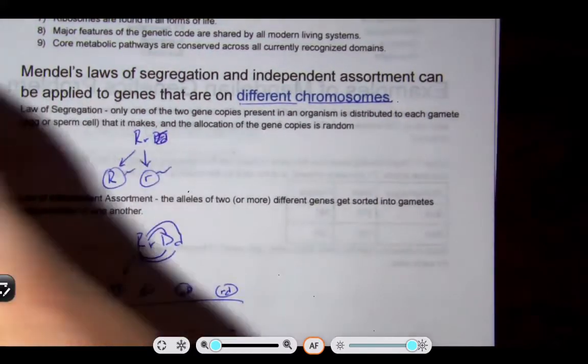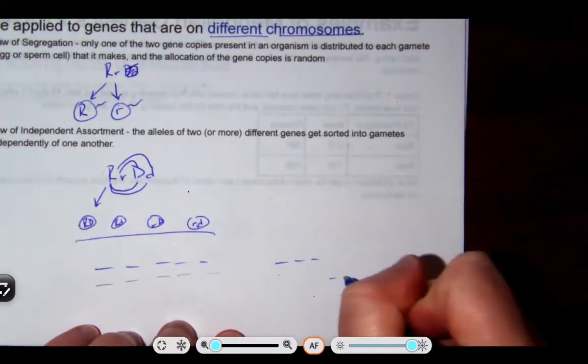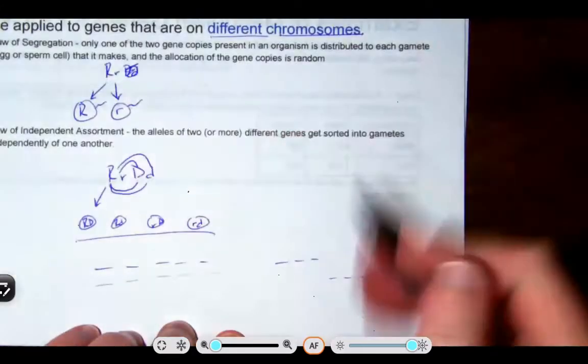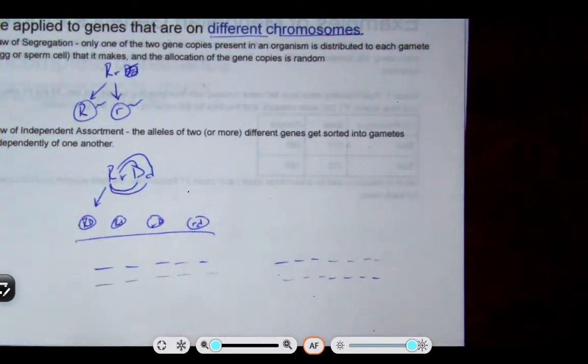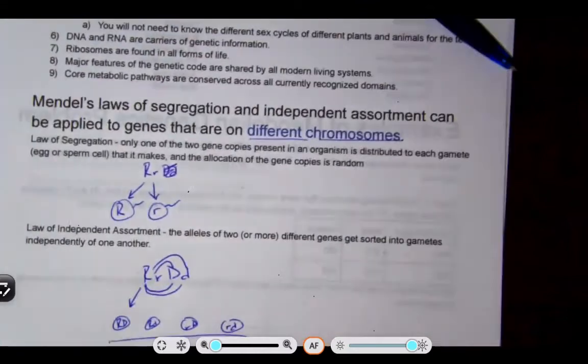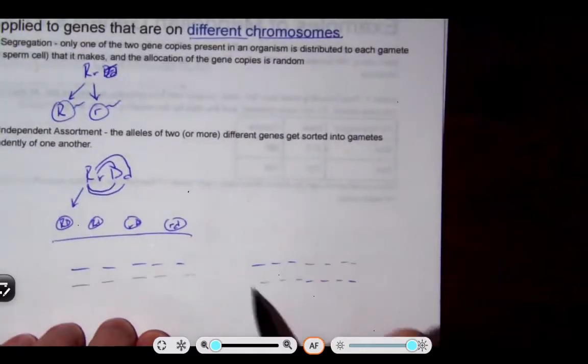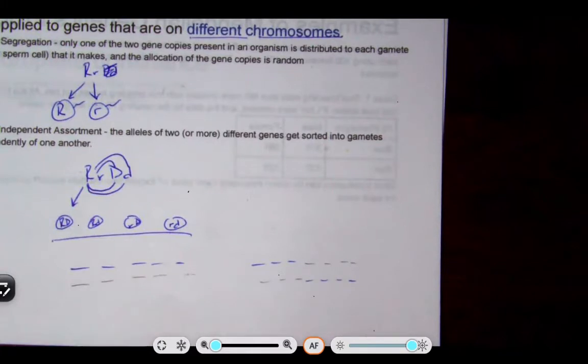Instead, you can have any combination of them, a bit of mom and a bit of dad on both sides. It's completely random, and each one that gets made is completely random. When we look at genetics problems, which are mostly about probability, we're seeing randomness. If they don't inherit randomly, things start to go a little crazy, and that's when we start to look for linked genes, which we're going to talk about later.